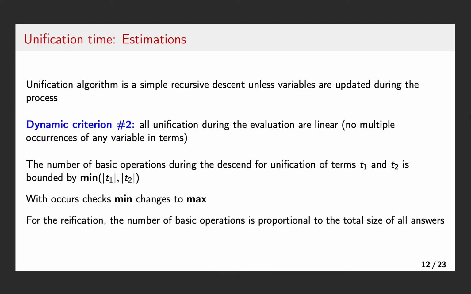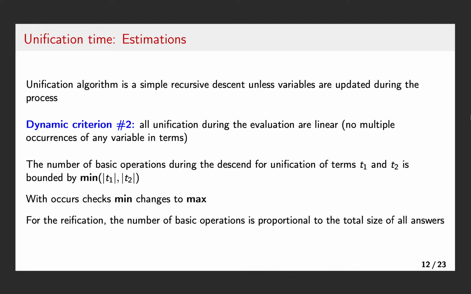Robinson's unification algorithm is a simple recursive descent on terms unless some variables are updated during the process by the bindings that unification adds to the substitution. Again, we suspect that this situation is not so usual in relational programming.